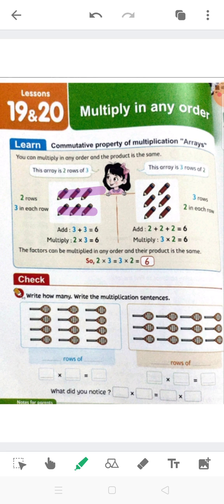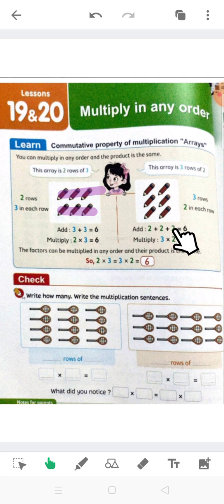I've got 3. 3 elements in each one. 1, 2, 3. Or we can write the number of columns. How many columns do we have? I've got 1, 2, 3. So 2 times 3. Or we can say 3 plus 3 equals 6. So 2 times 3 equals 6.